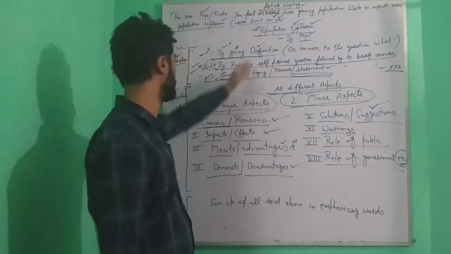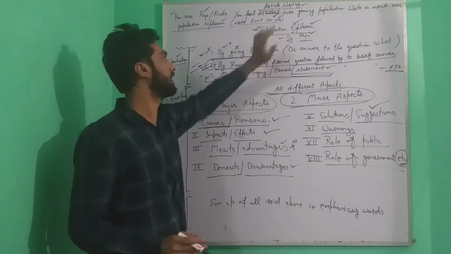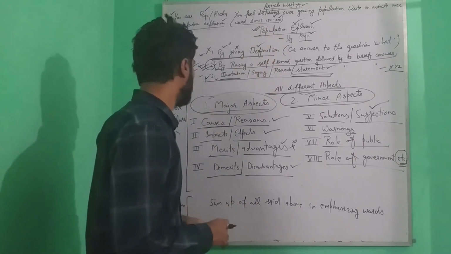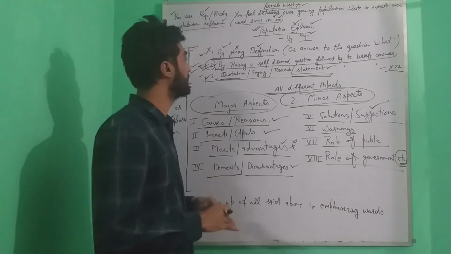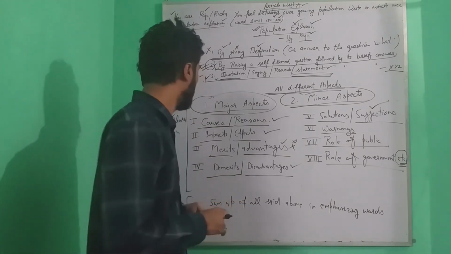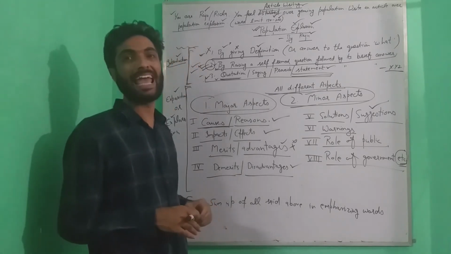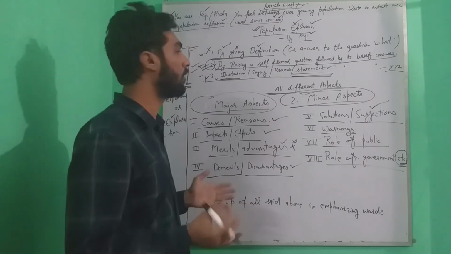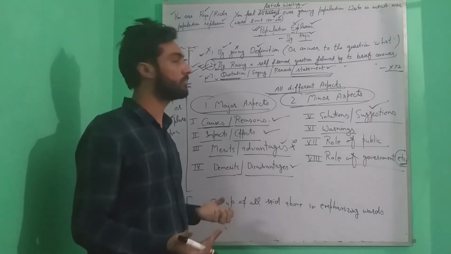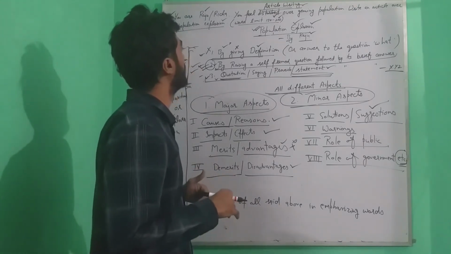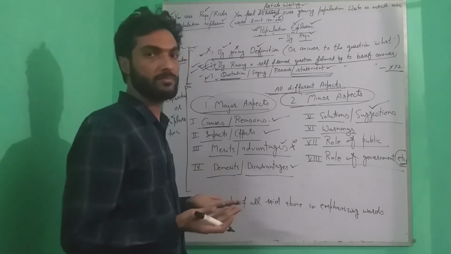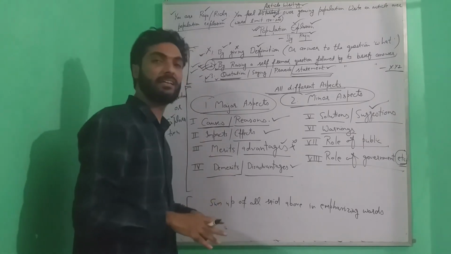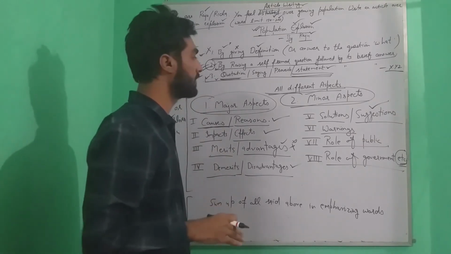For example, if we have this topic population explosion and we have to conclude it, we shall say, so we have seen that population explosion is of no benefit to any country. It has a lot of disadvantages, and we all must work to combat this problem. Fine. So this is article writing, and I hope you understood it well.